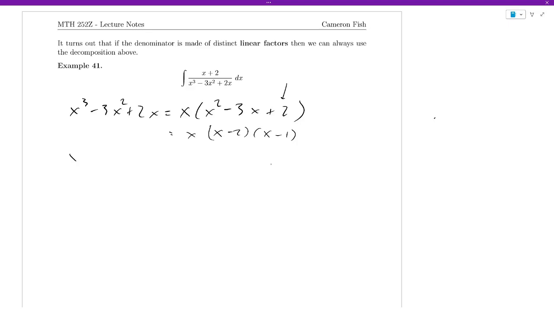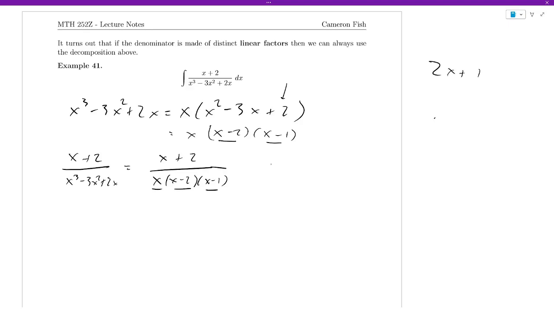So that means that our original rational function can be written as x plus 2 over x times x minus 2 times x minus 1. And whenever it's like this, with three linear factors... What makes them linear is that it's just x plus something or x minus something.